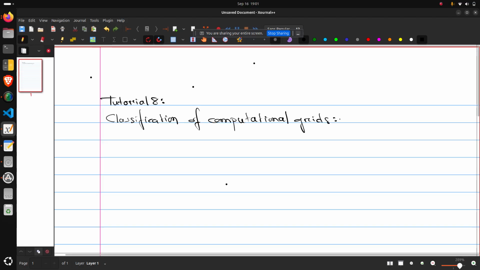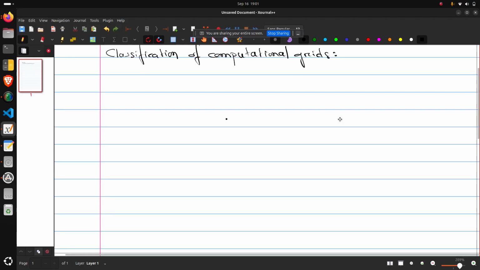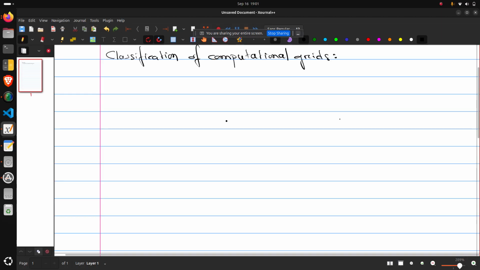So, a sort of classification of a computational grid.